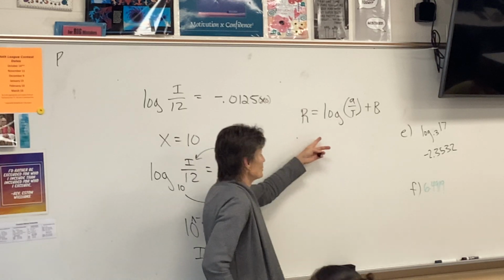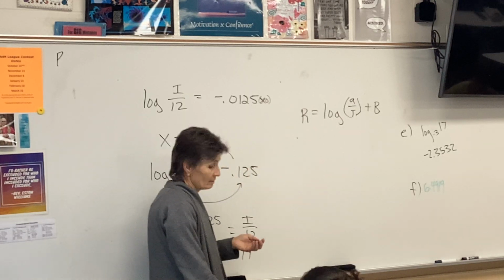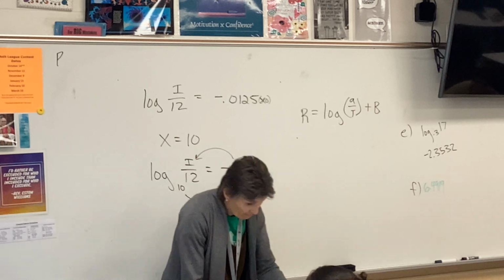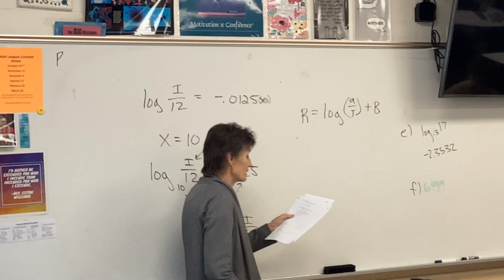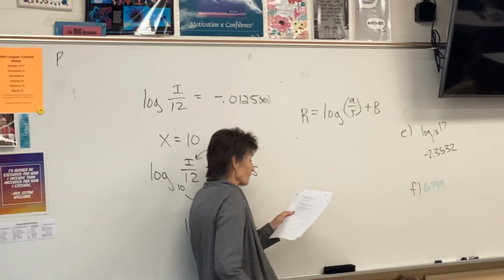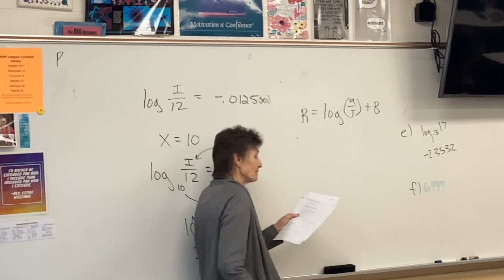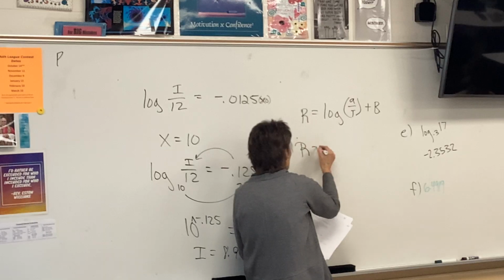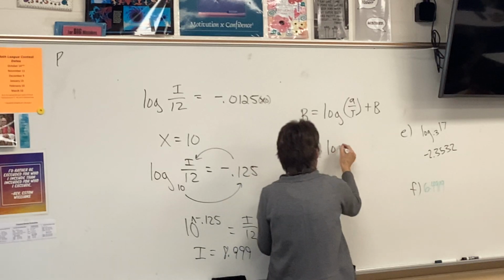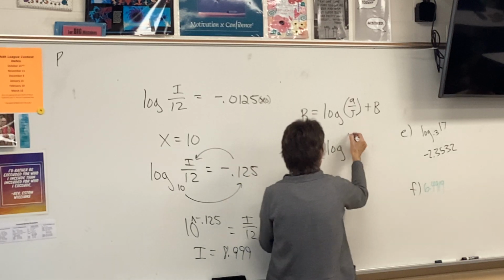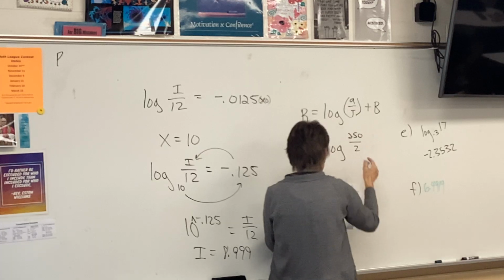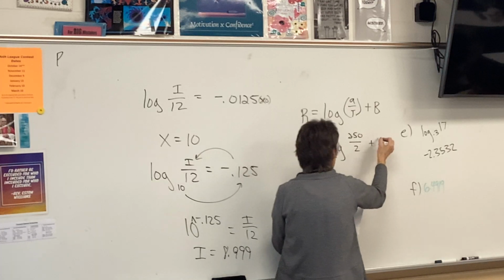Here, this is given to you, and it says, compute the earthquake magnitude for each set of values. R is the earthquake magnitude. So basically, we're finding R if A is 250, T is 2, and B is 4.25.